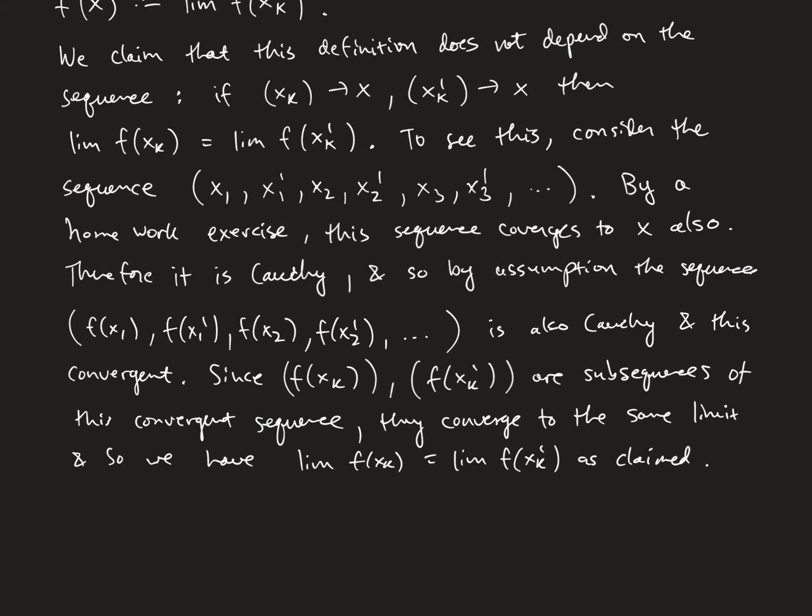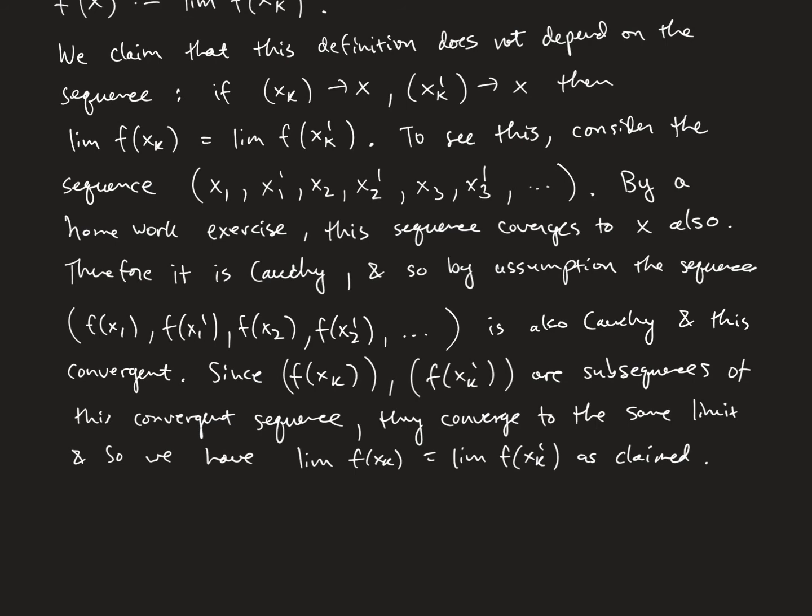So moving now into the claims in the theorem. So we're going to show first that f bar extends f in the sense that its restriction to A is the function f, and we'll show that that extension is unique as long as the extension function is continuous.